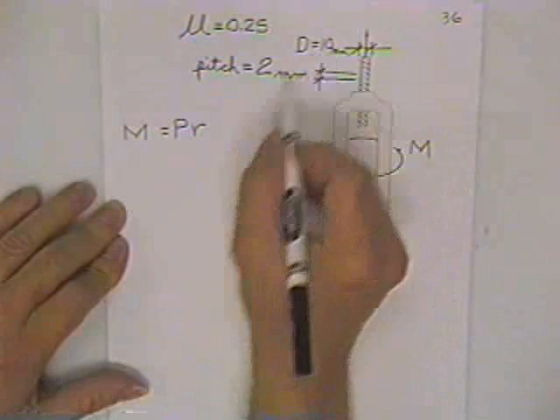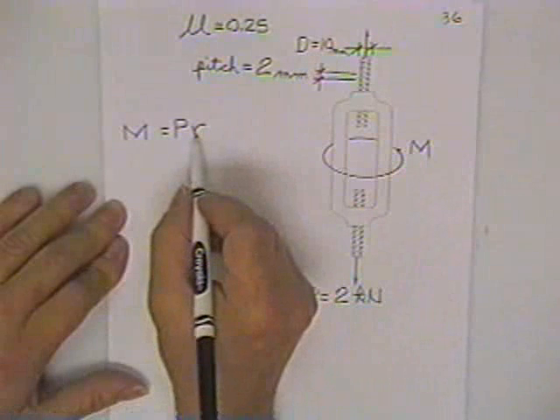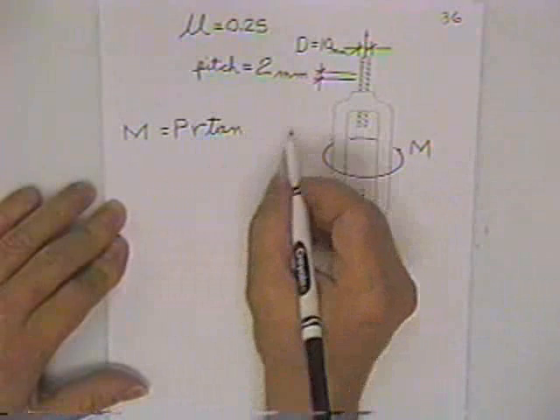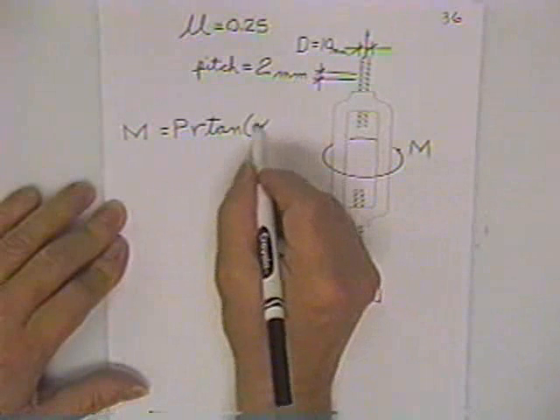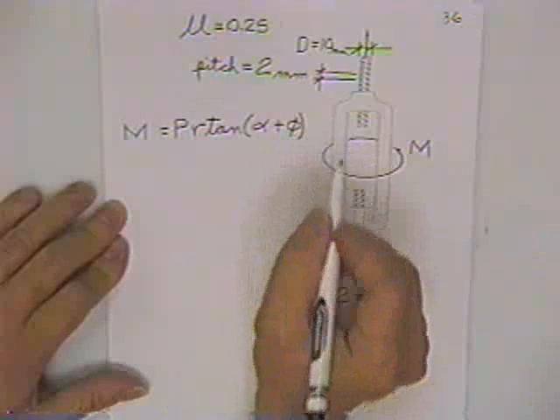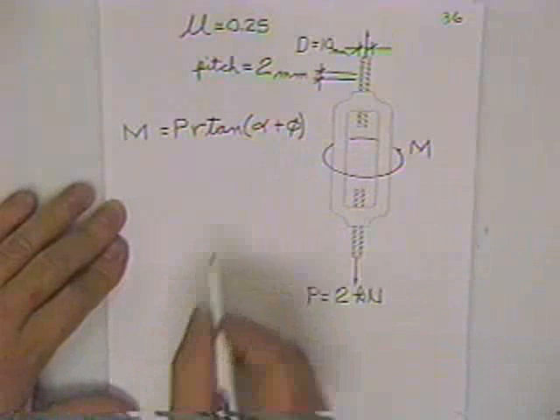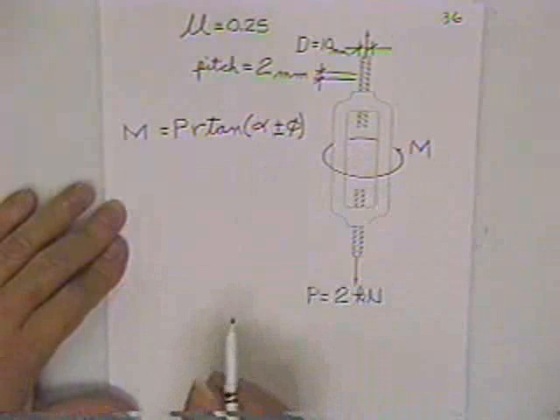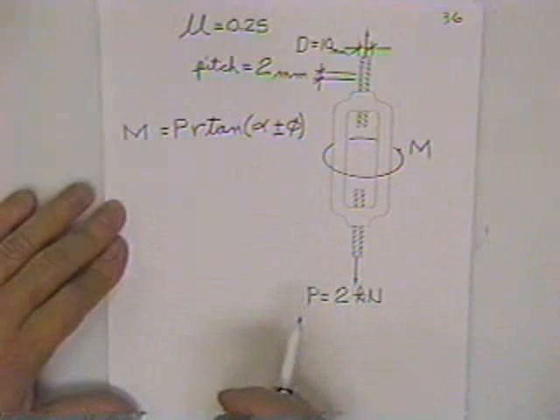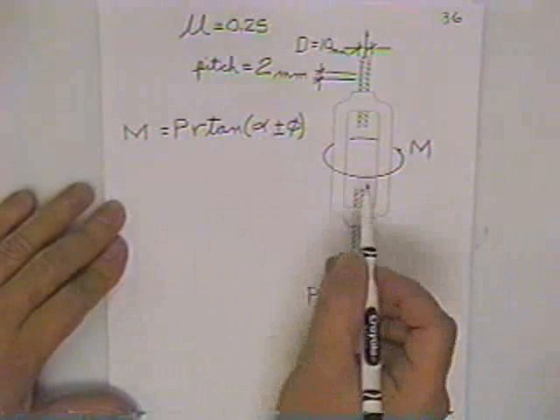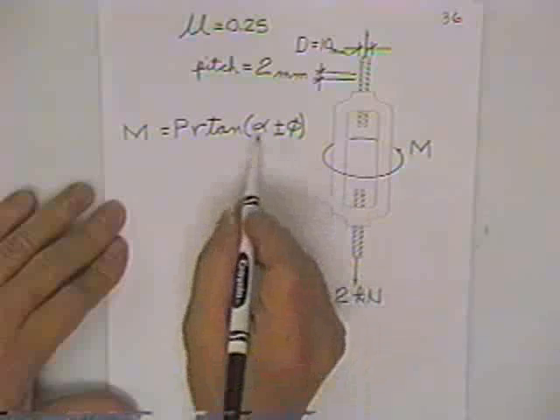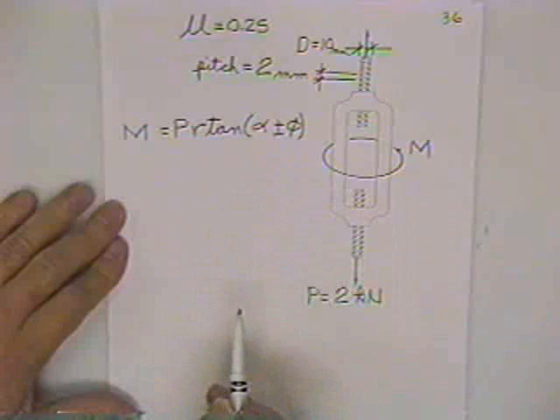In this case we're given the diameter is 10, so the radius will be half of that, multiplied times the tangent of an angle alpha plus an angle phi. Both are defined. Actually that's plus or minus, because if you screw the thing against the load and raise a load, you use the plus. How much moment it takes to loosen it and let the load fall would be minus, because the friction acts in the opposite direction.